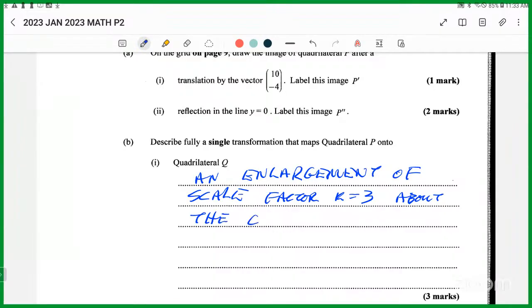I can say the center is -10, 7. Because it's about the point, meaning it's about the center. But I'm using the word center in the description.